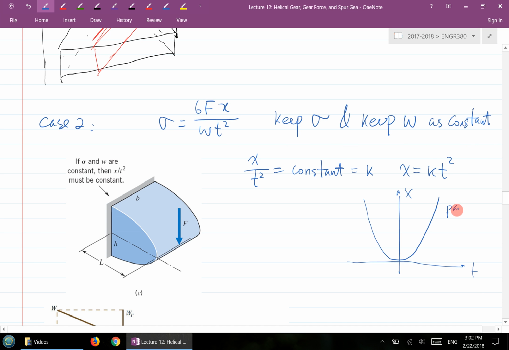So here you got a parabola here. Okay. So that's basically the shape of this cantilever beam in order to keep sigma and W constant. You get this type of shape.